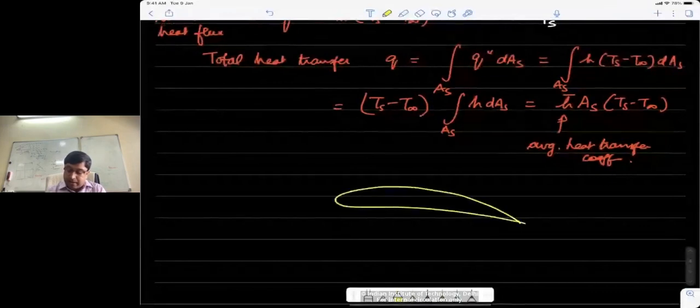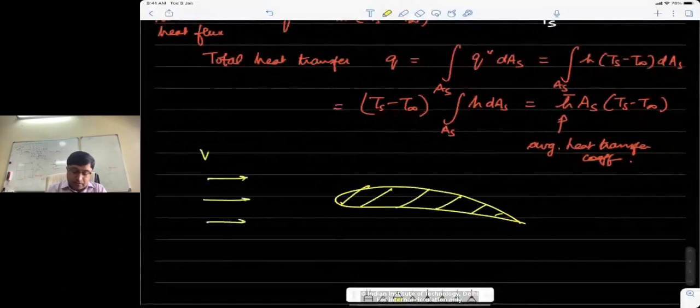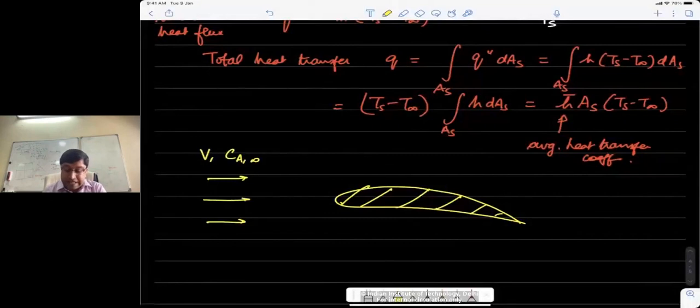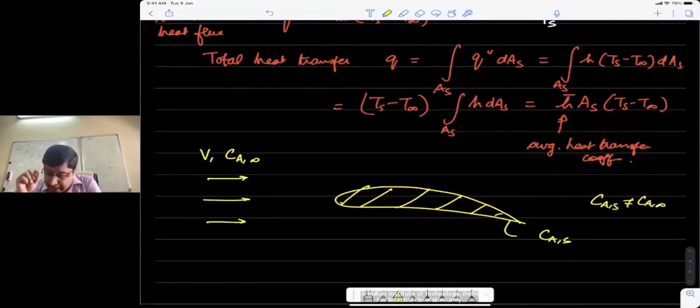So, say we had a similar airfoil, or maybe the same airfoil, which was exposed to a fluid with some concentration of a species A. And again, on the surface, maybe the concentration is C_A,s, which is not the same as C_A,infinity. So subscript A denotes a species, s denotes surface, infinity denotes the far upstream, or I would say free stream condition.